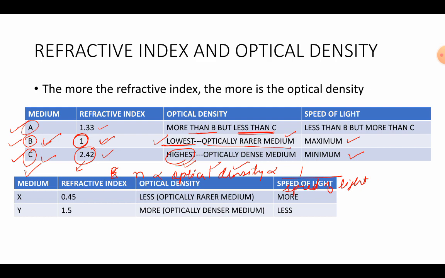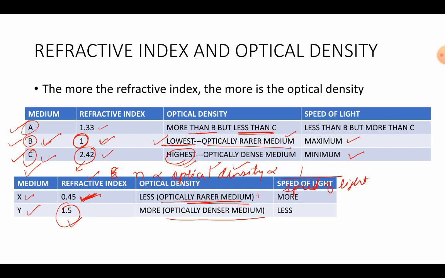So now we have two mediums x and y. The refractive index of x is 0.45 and of y it is 1.5. Right, so the refractive index of y is more, so it is an optically denser medium when compared to x. The refractive index of x is only 0.45, so as compared to y it is an optically rarer medium.